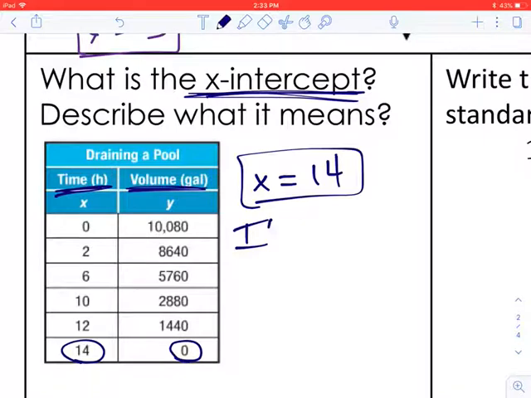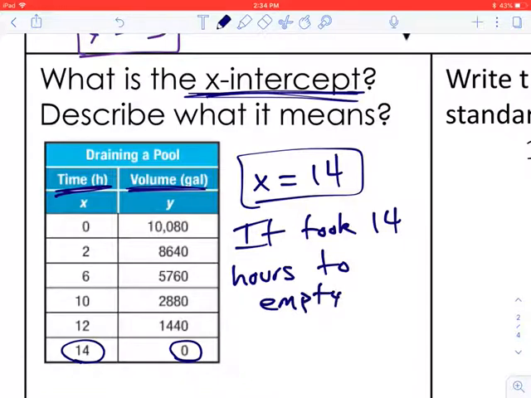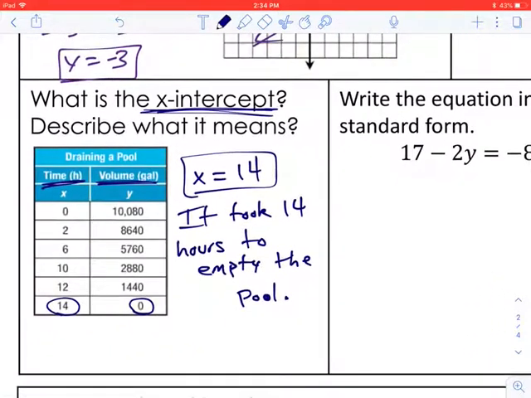So it took 14 hours to get the pool to 0 gallons. So basically what we're doing is draining the pool to empty. So 14 hours to empty the pool, or to drain it to 0 gallons. Okay.